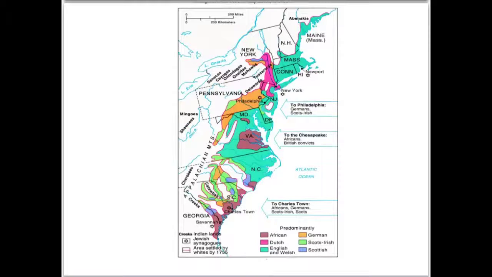Because what actually happened along with these movements of people from Germany and Scotland and Ireland and elsewhere like Sweden, a lot of people ended up coming into Philadelphia and then migrating down south into North Carolina and Virginia. So we're going to be talking about all of these people.